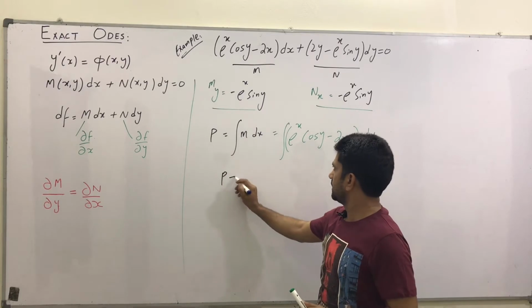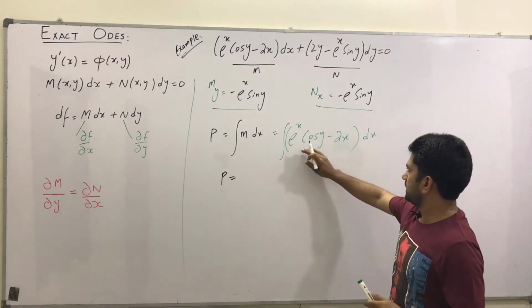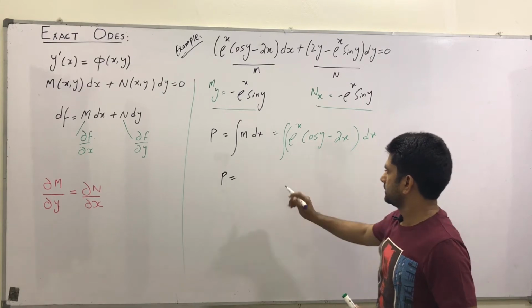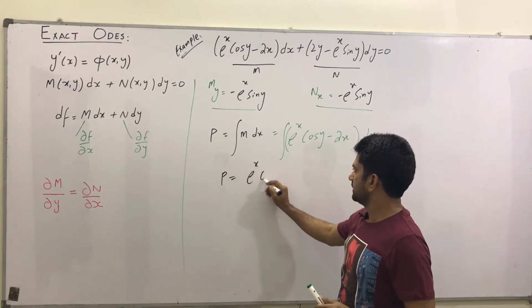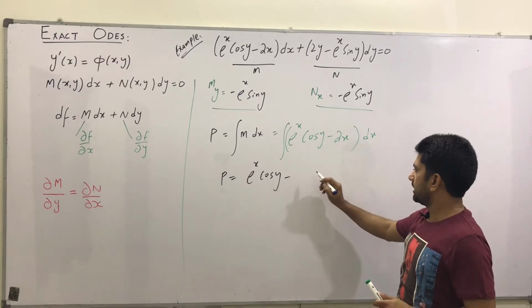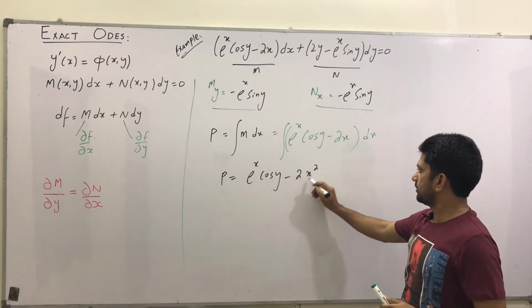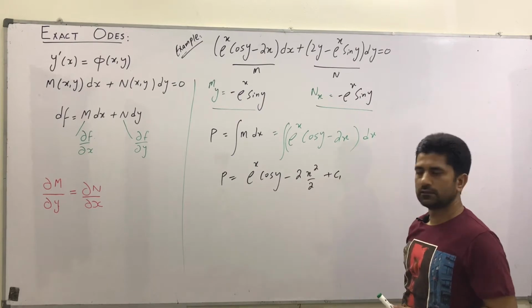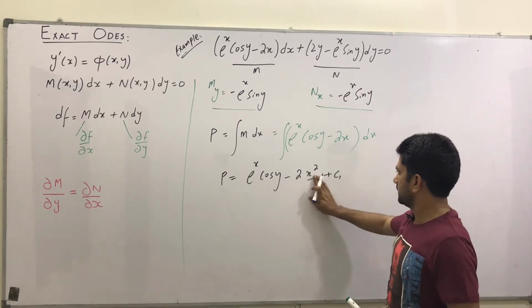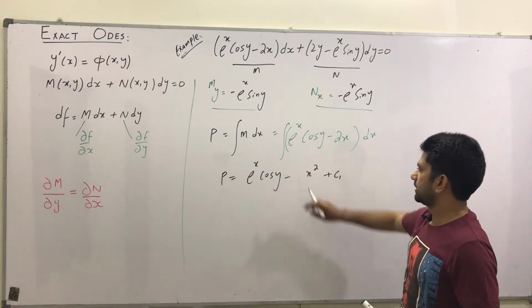So P will become, the integration of this function with respect to x would be e to the power x cos y, and from here we get minus 2x square upon 2 plus some constant. This 2 and this 2 will be cancelled out, and we have only x square.